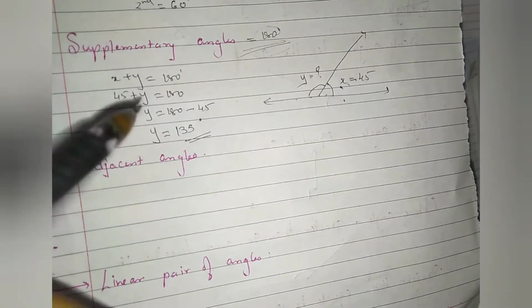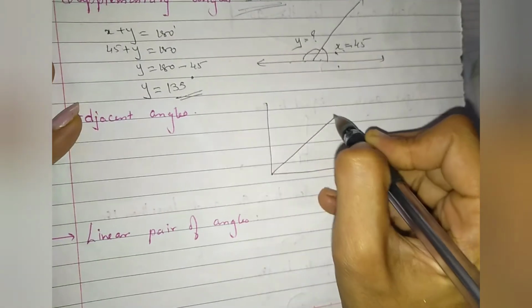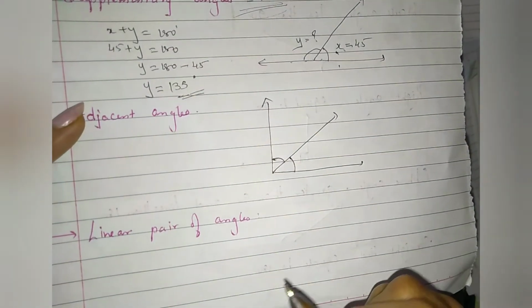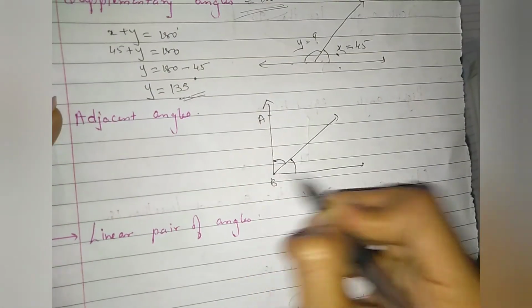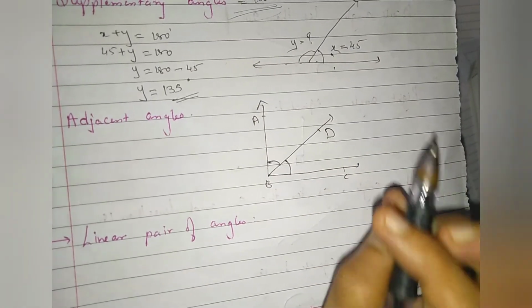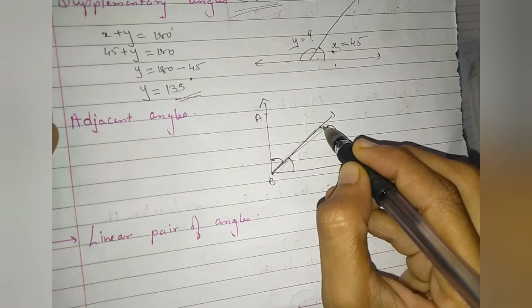Now what is an adjacent angle? You are given these angles A, B, C and D. In adjacent angles, one arm should be common, like BD.